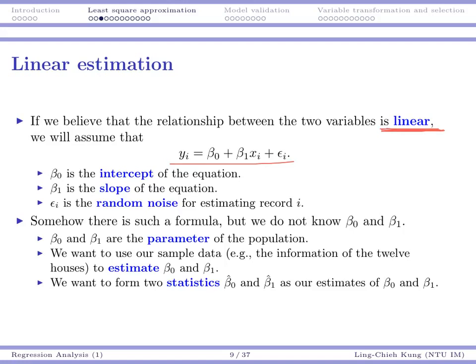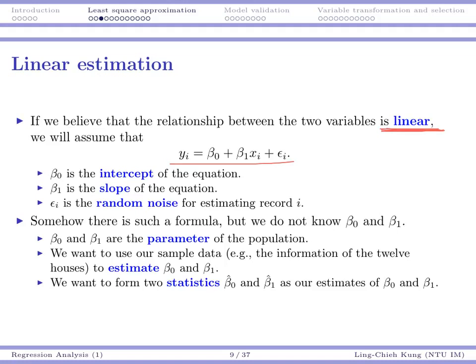Beta 0 is the intercept of the equation, and beta 1 is the slope of the equation. If you still remember that we are drawing a line to pass through the 12 points or to represent the 12 points, then beta 0 and beta 1 can decide the line, because they are the intercept and the slope of that line.